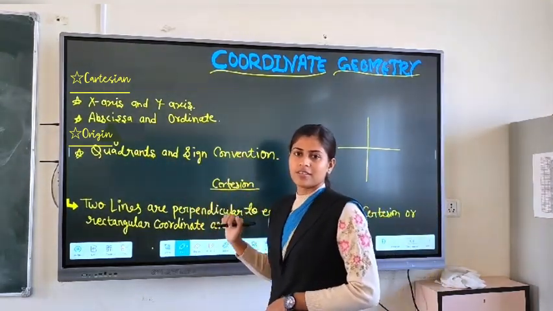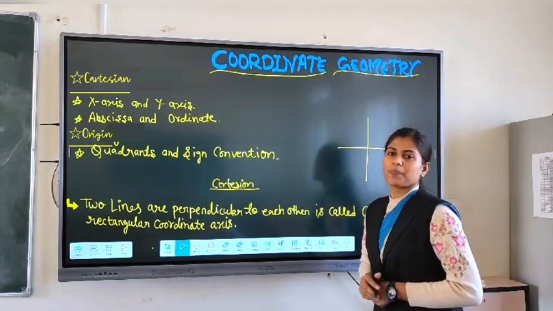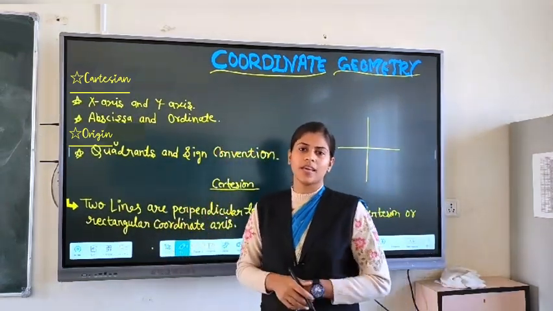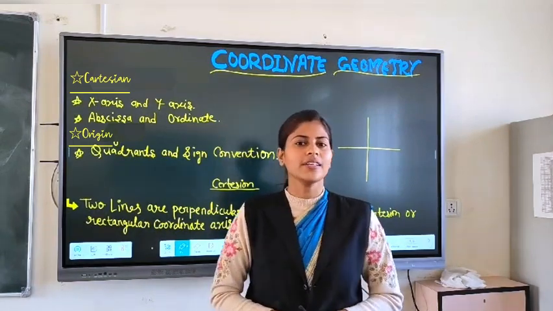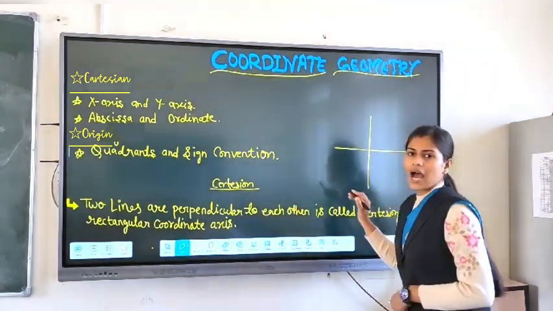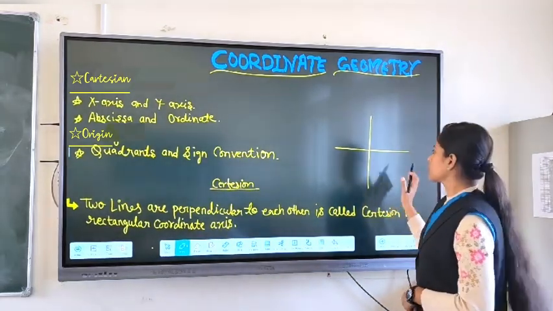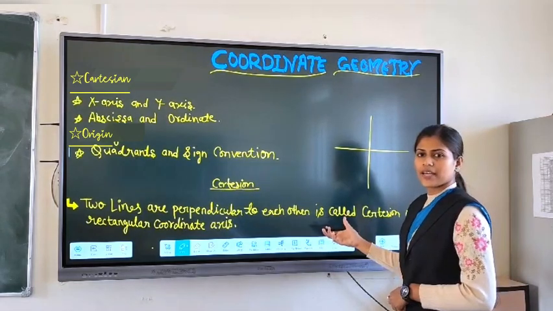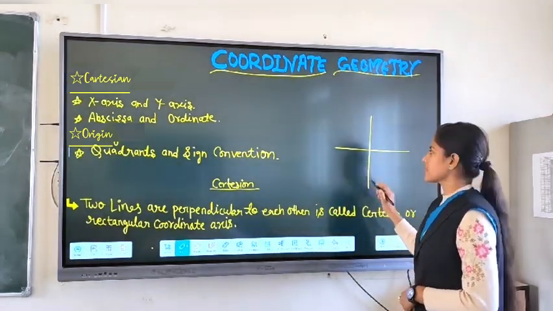So, Cartesian. When two lines are perpendicular to each other, it is called Cartesian. We can also say rectangular coordinate axis. Suppose these are two perpendicular lines. So this is called Cartesian, or rectangular coordinate axis.